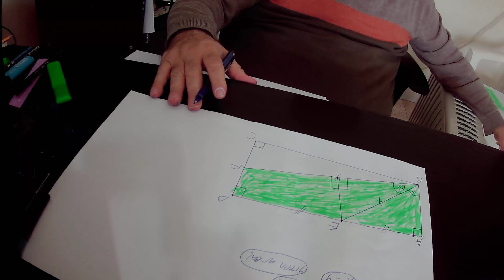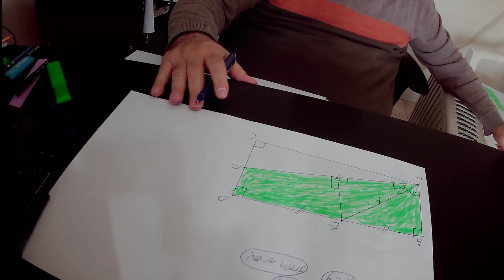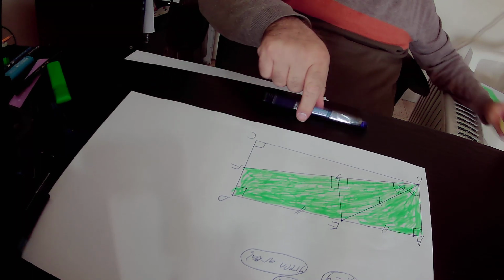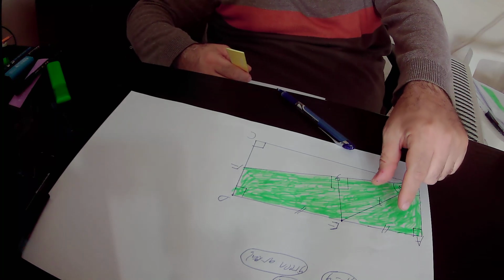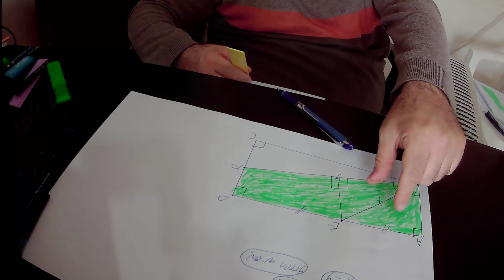In the next step, we will prove that those two right triangles can go into each other.